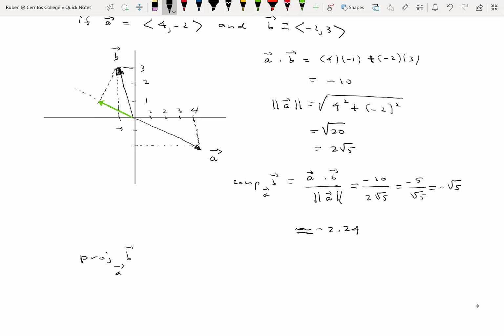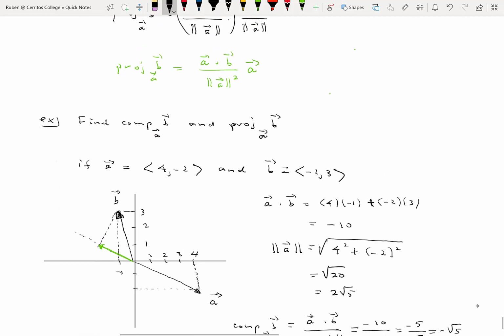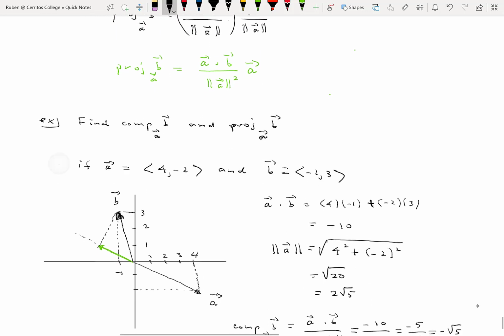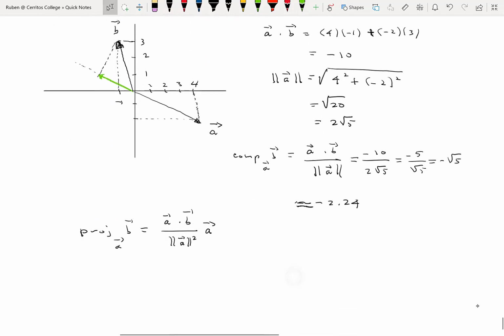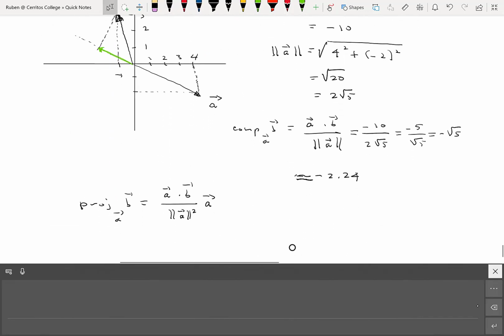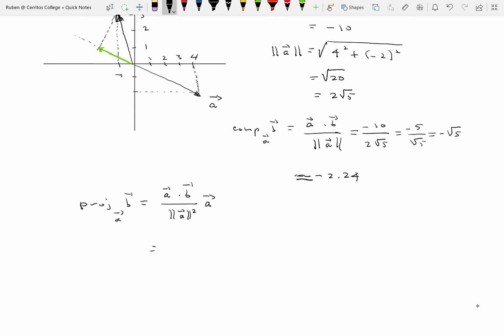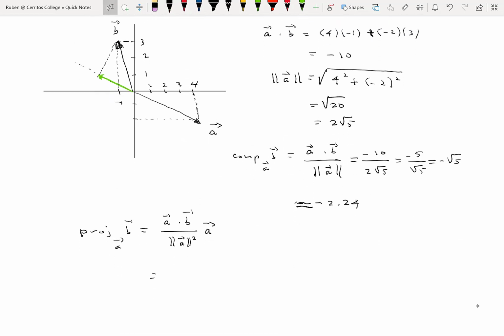Okay, so the formula that we just developed for the projection is A dot B over the length of A squared, times A. Referring to above, A dot B over length of A squared A. A dot B is negative 10.